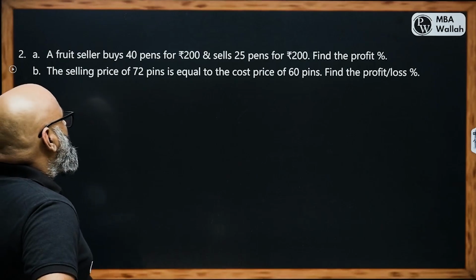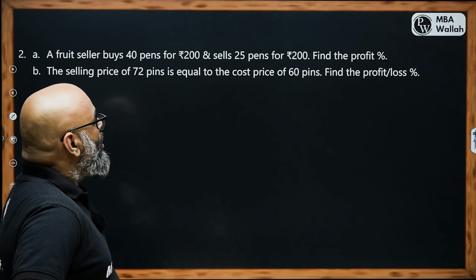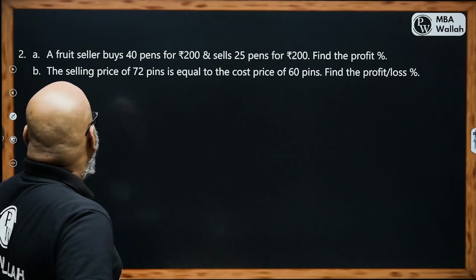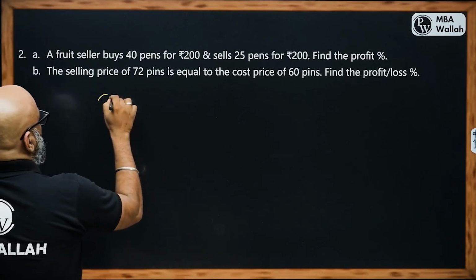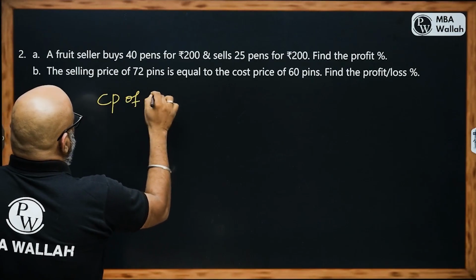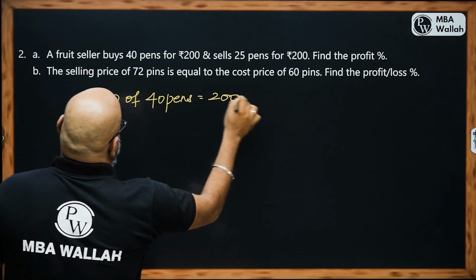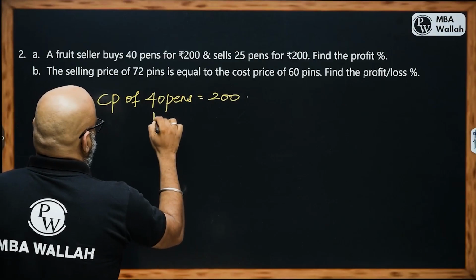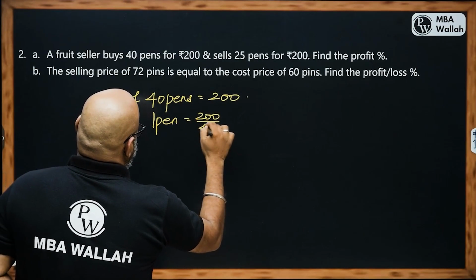A fruit seller buys 40 pens for 200 and sells 25 pens for 200. Find the profit percentage. So it says that cost price of 40 pens is equal to 200. So from here 1 pen will be 200 by 40.